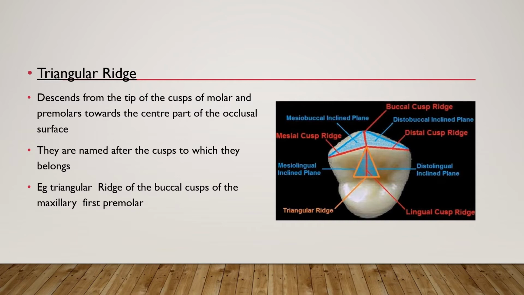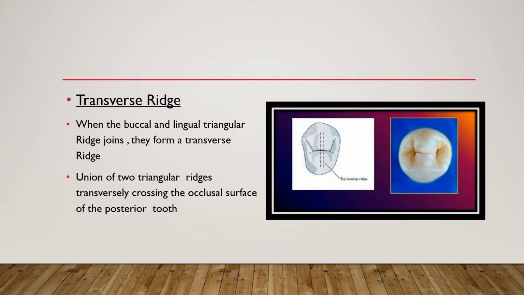So the cusp from whose tip the triangular ridge descends, we name the ridge after that cusp. As in the picture you can see the ridge of the buccal cusp of the maxillary first premolar. So it is known as the triangular ridge of the buccal cusp of the maxillary first premolar.